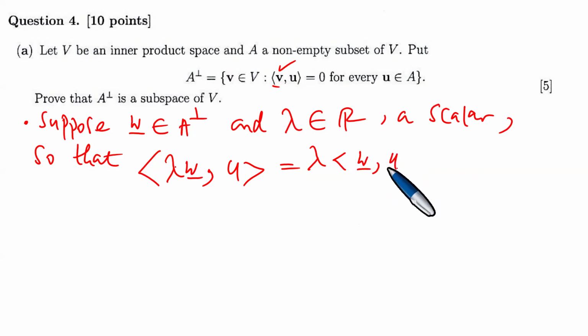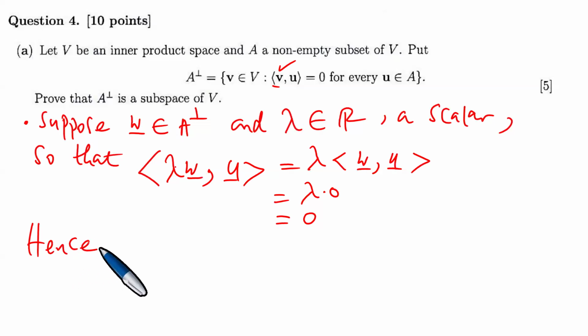Now you have a W that is in A perpendicular, the orthogonal complement of A, and the U is in A. These are orthogonal vectors, and their inner product is 0, so that is the case. Because of this, you can proceed to say, hence, lambda W becomes an element of A perp.